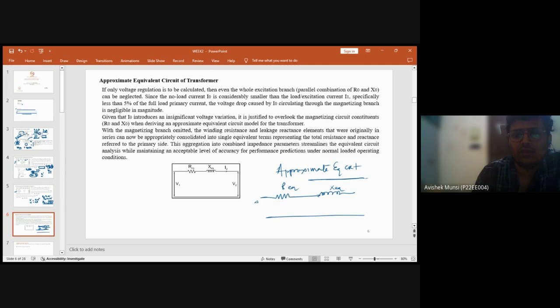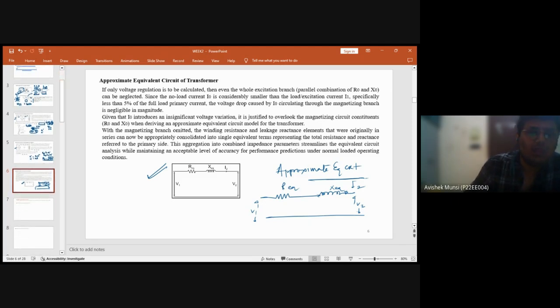Here we are giving the primary side voltage, and this is the secondary side voltage we are getting. Throughout the circuit, I2 is flowing. So this is basically the approximate equivalent circuit. In some cases, you can solve with the approximate equivalent circuit. It is easier to solve when all the data are not given and we don't require to go more into the transformer basic parameters.